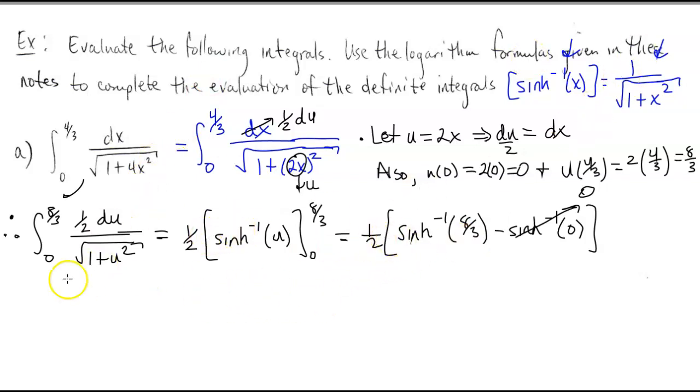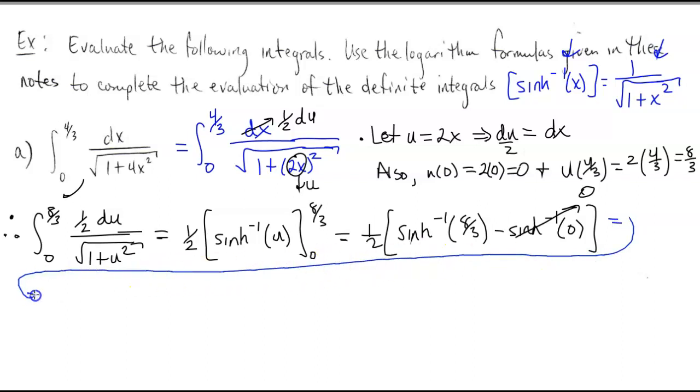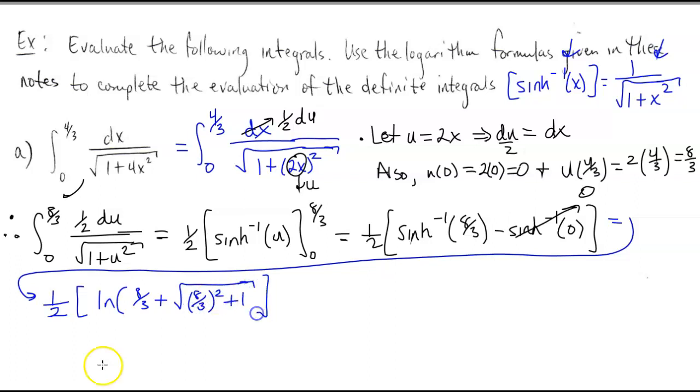So from here, we'll go ahead and rewrite all that, and I'm going to switch colors. We'll say this is just 1/2 of natural log of 8 divided by 3 plus square root of 8 divided by 3 squared plus 1. All right, and we'll close that off there.